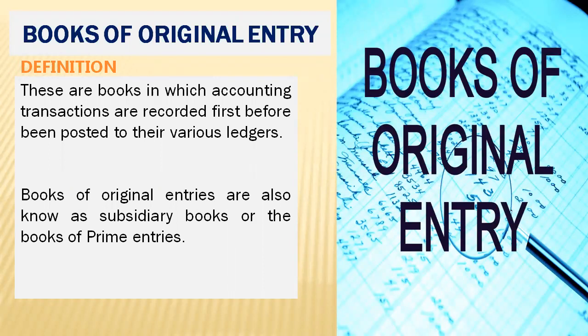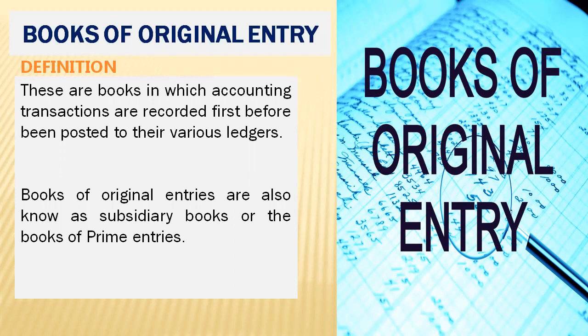So what do we mean by books of original entry? Now for the definition, books of original entry are books in which accounting transactions are first recorded before they are posted into their various ledgers.